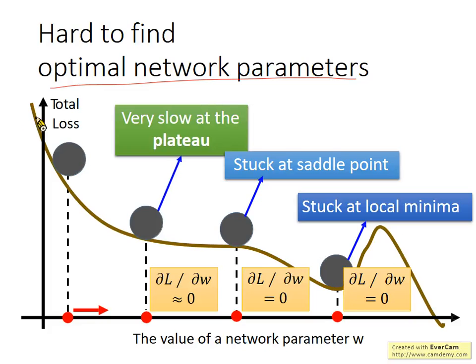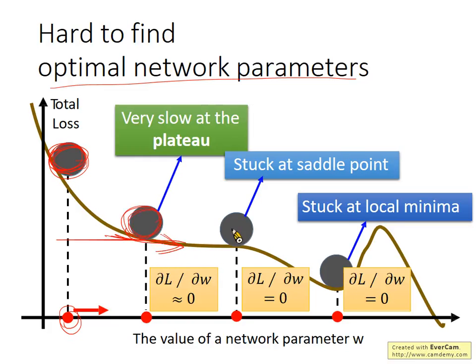Assume that this curve is the loss surface, and initially we start from this point. This point corresponds to some parameter, and then we need to update the parameter such that the total loss can be minimized. According to gradient descent, we may move from the left to the right, and then we update the parameter from here to here. And then again, we find the negative of the gradient direction is toward the right.